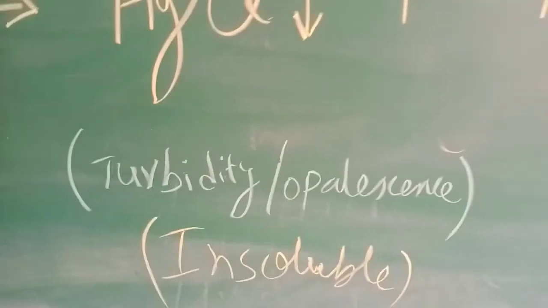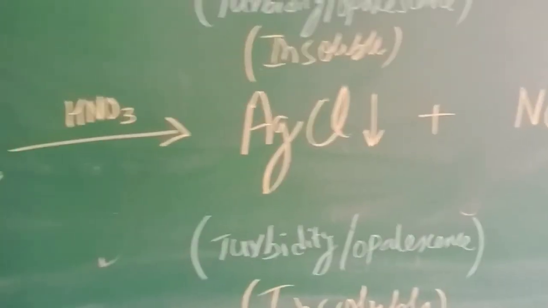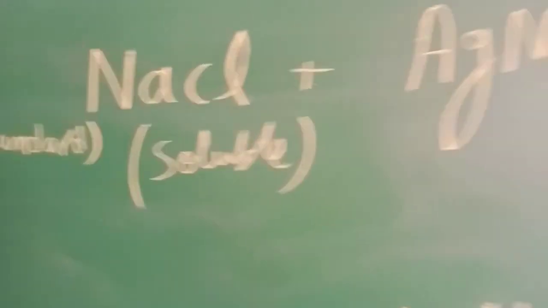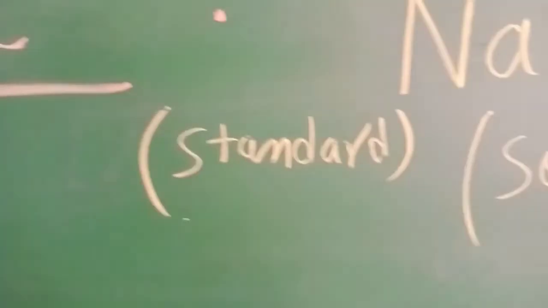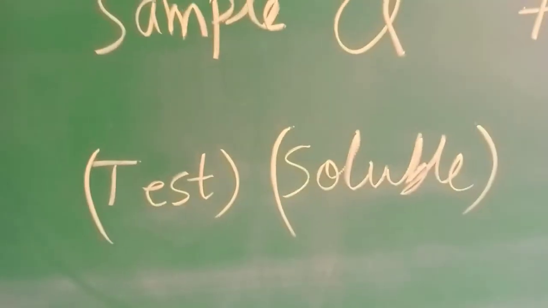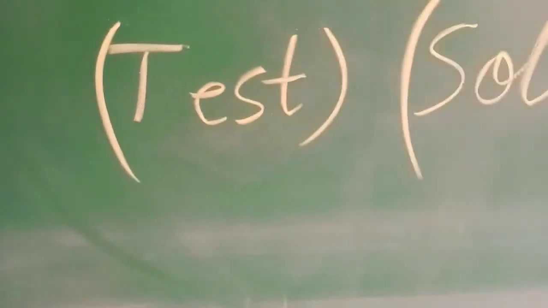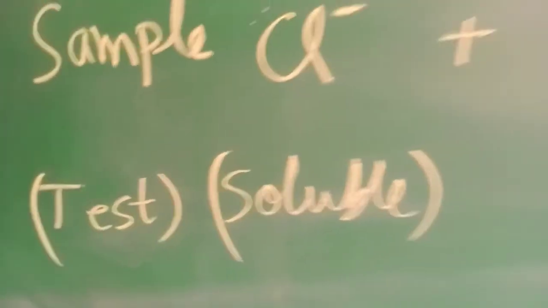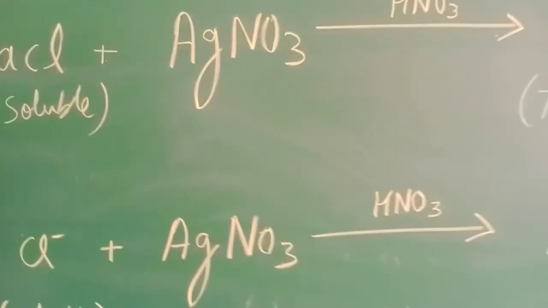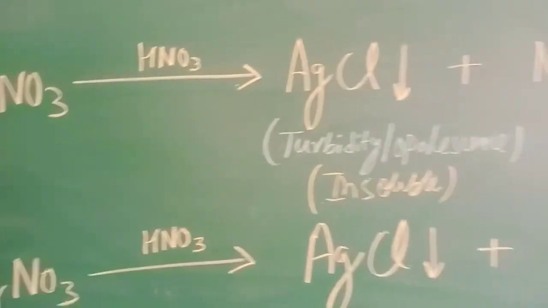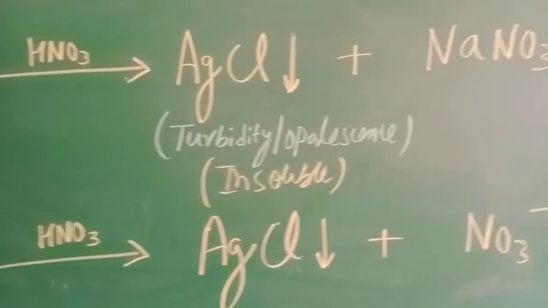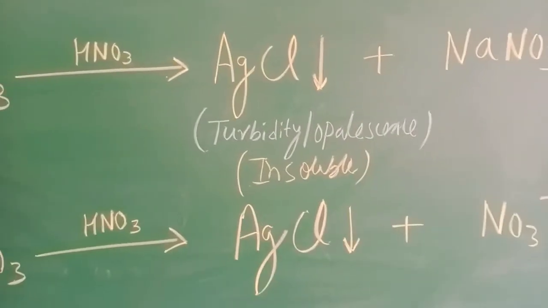So now we can see here that in both the cases, that is in case of the standard solution as well as in case of the test solution, we use the same kind of reagents, and hence we get a similar type of product.